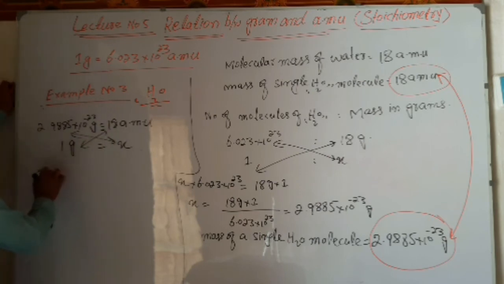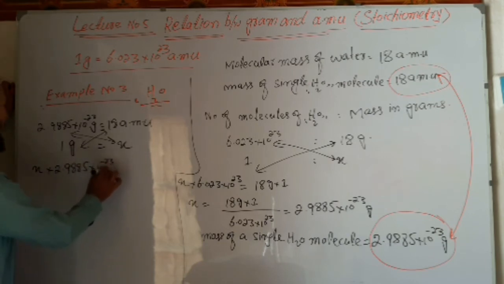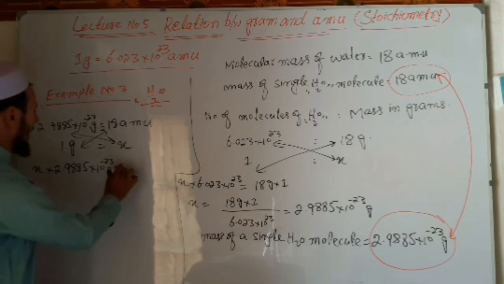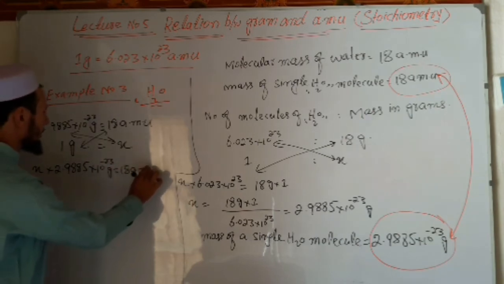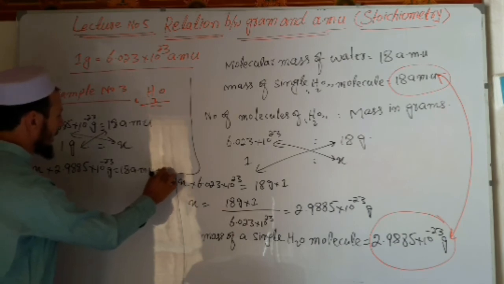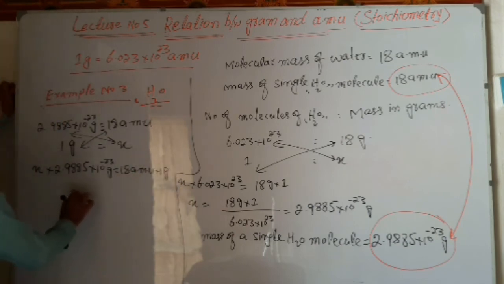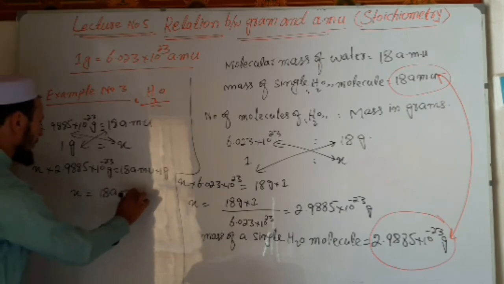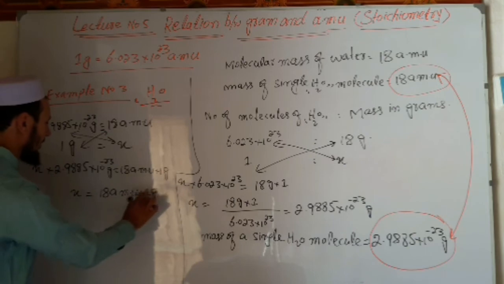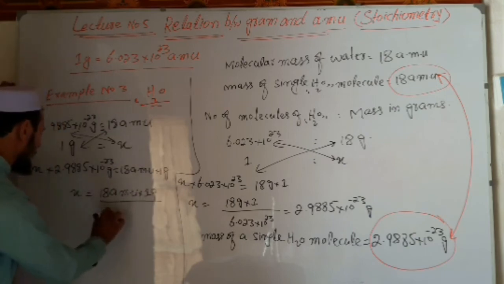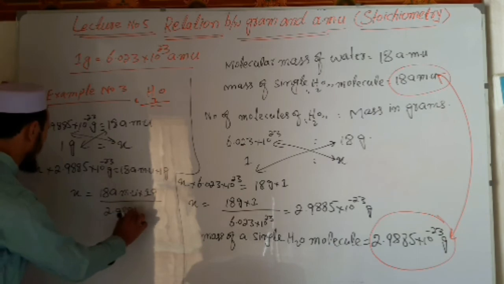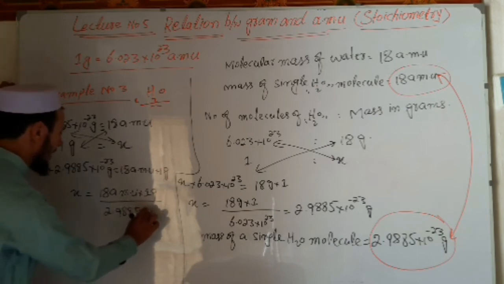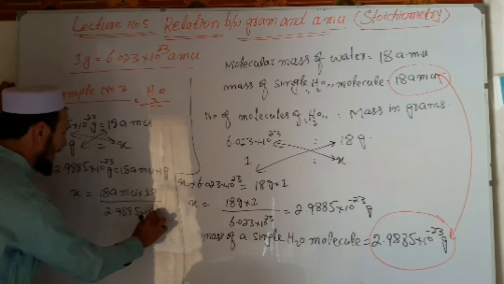It will be cross multiplied. X multiplied by 2.9885 multiplied by 10 raised to the power of minus 23 gram is equal to 18 a.m.u multiplied by 1 gram. So X will be equal to 18 a.m.u multiplied by 1 gram divided by 2.9885 multiplied by 10 raised to the power of minus 23 gram.